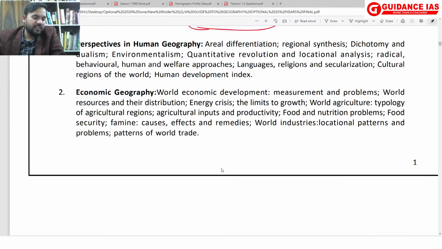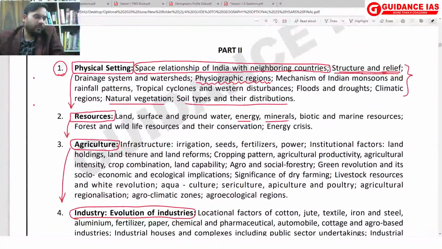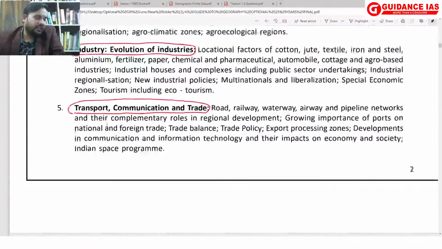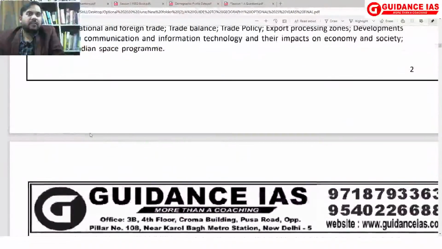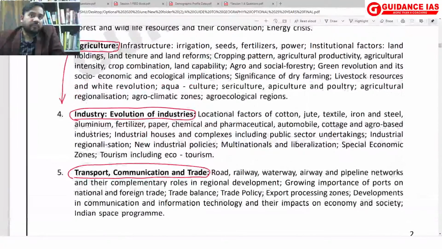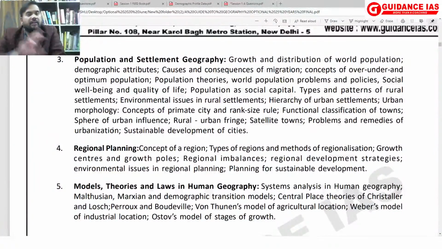If you look into the syllabus, you will find that in paper 2, if you leave this topic of physical setting, the rest, total 9 topics, are human geography topics. So human geography, and what we will be studying here, we will be utilizing that in paper 2.